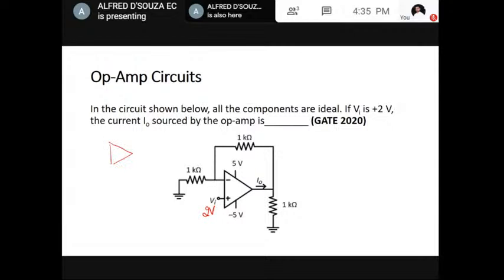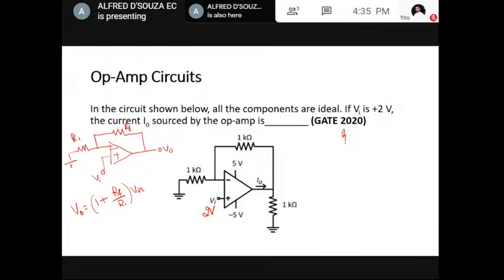Always for a non-inverting amplifier, voltage is applied to the non-inverting terminal and feedback is there. This is R1, this is RF. So output is related to the input as shown here, 1 plus RF by R1 times Vin. So gain is 1 plus RF by R1.